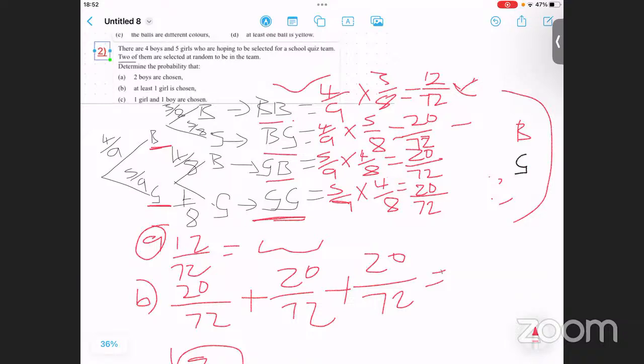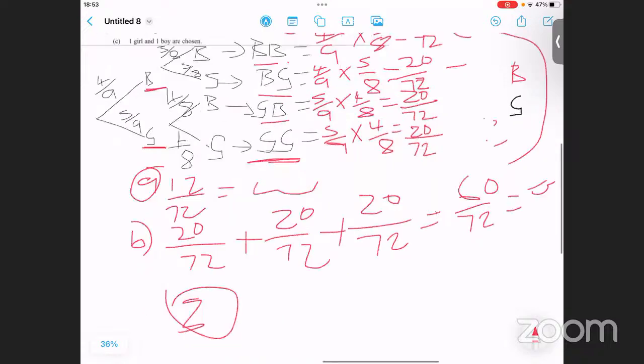Are you following, guys? Yes, ma'am. So we're going to have 60 divided by 72, and in case you want to simplify it, this is where you're going to simplify, right?